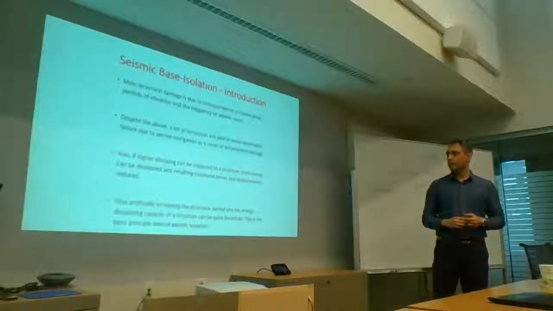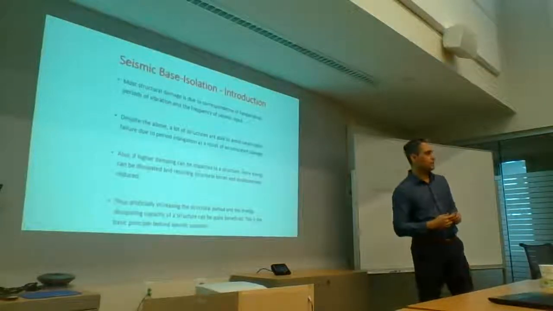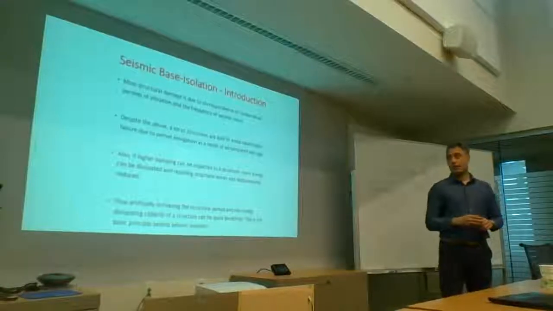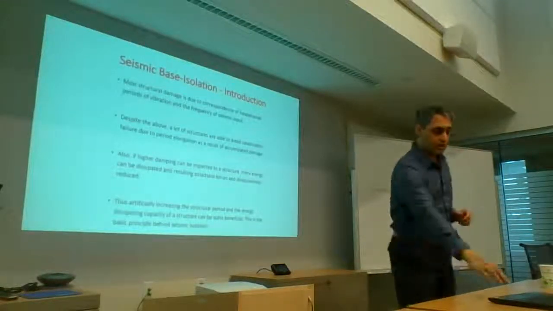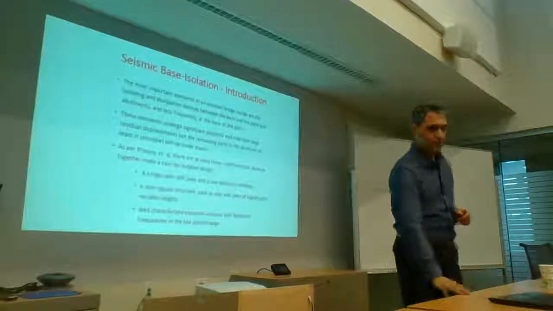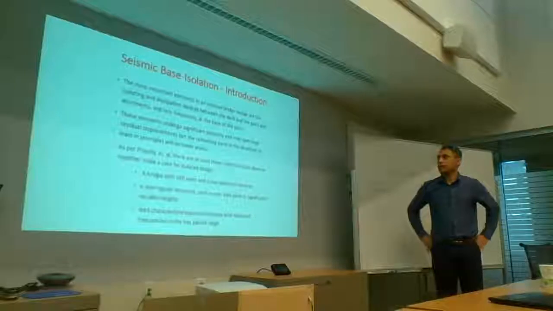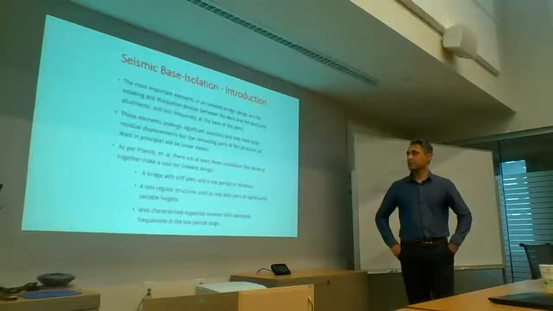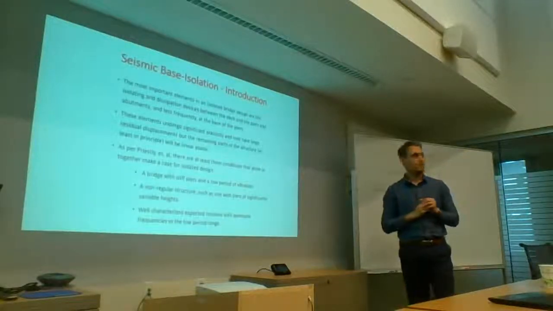So what we can do is we can artificially increase the structural period and the energy dissipating capacity of a structure. And that's where the concept of base isolation comes in. So the most important element is the isolation and dissipation devices, and we tend to put them between the deck and the piers.